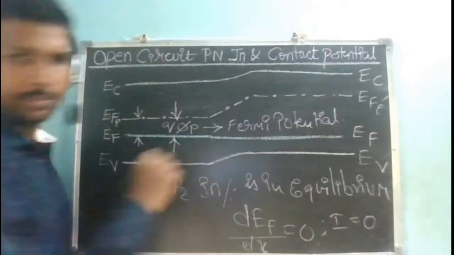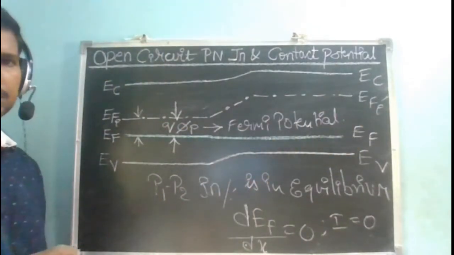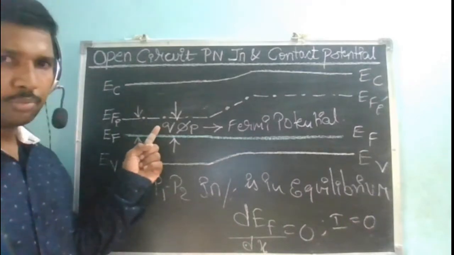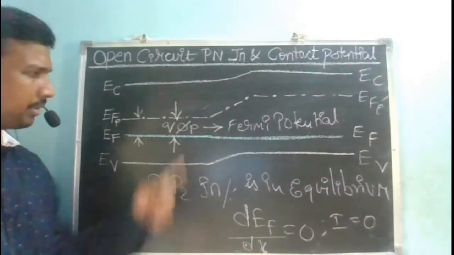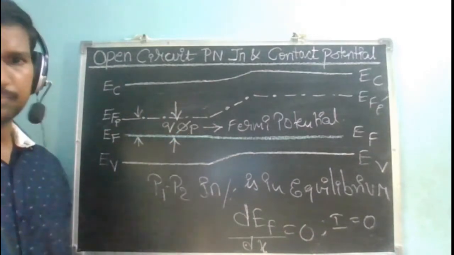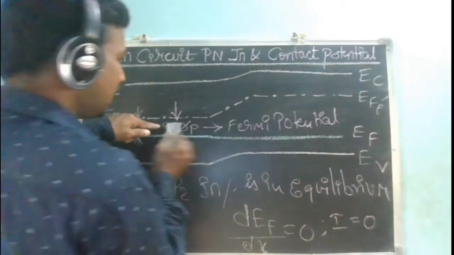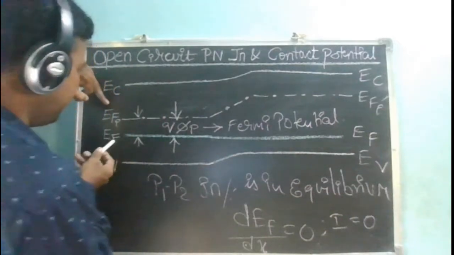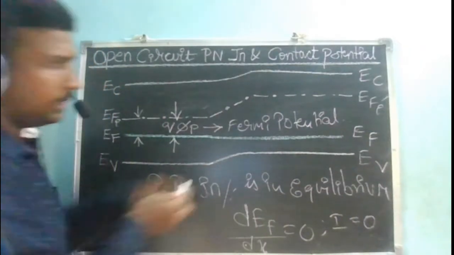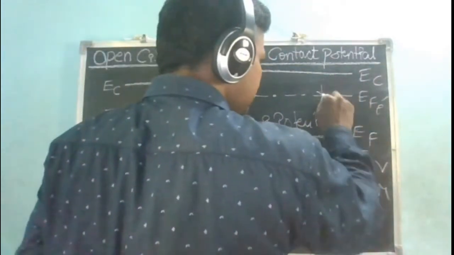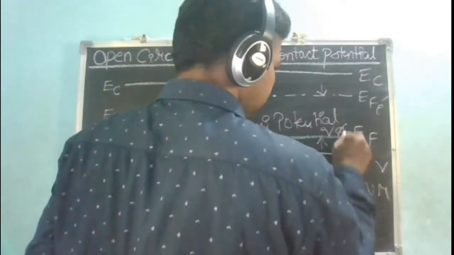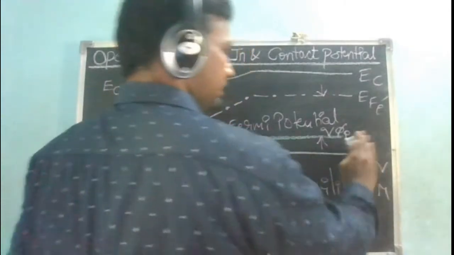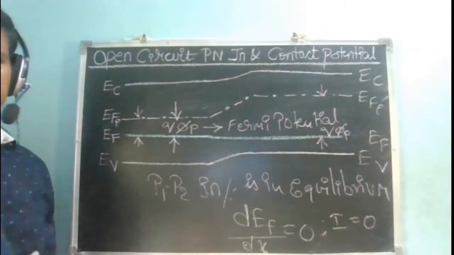Energy in terms of potential is Q times voltage, that is Q times phi p, which is the distance between EFI and EF. Is this okay?